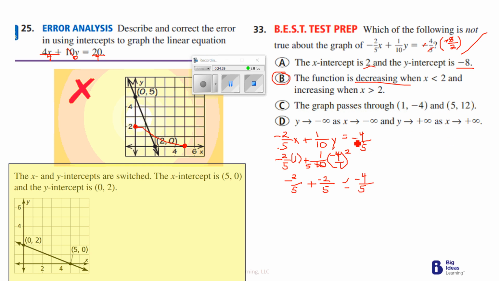Now I got to try 5 and 12. So if I did -2 over 5 and I multiplied it to 5 for x, and I added it to 1 over 10 times y, we said y was 12, and it equaled negative 4 over 5.